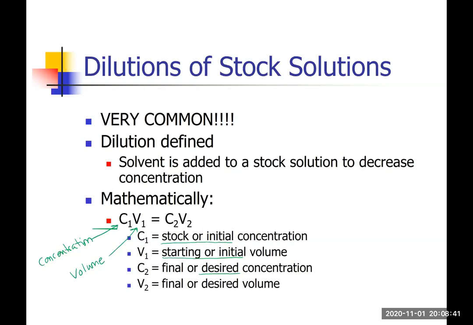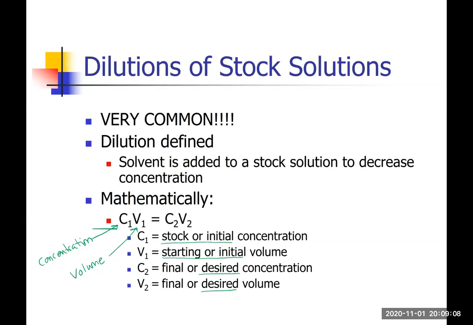What is our desired concentration that we need to dilute to do our experiment? And then V2 is usually the desired volume, and we generally know how much of a particular concentrated solution we need to do our experiment. So we will typically have an idea of 3 out of 4 of these variables at least.